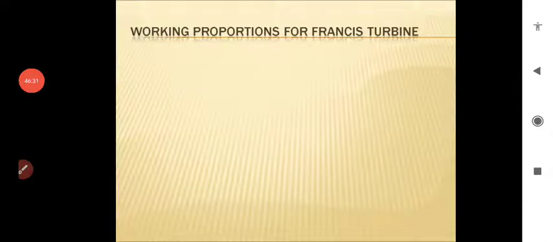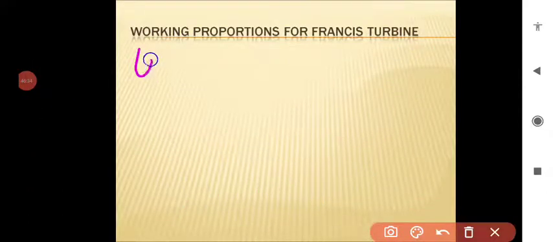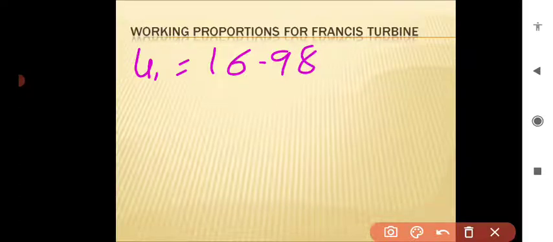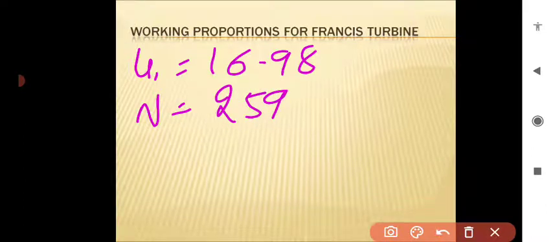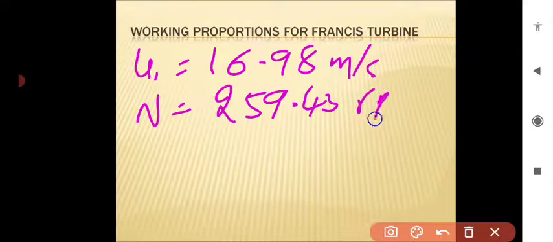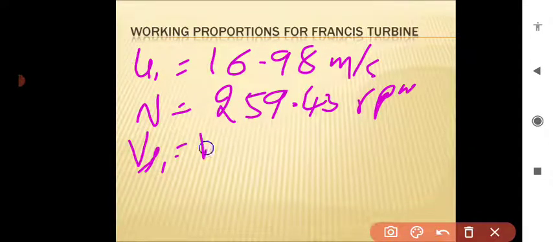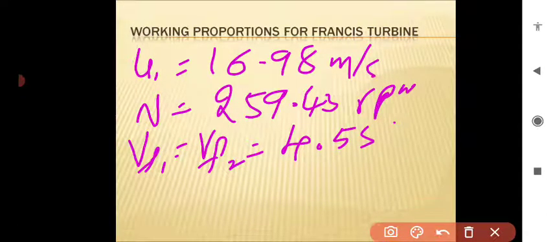We calculated here U1 is equal to 16.98 meter per second and N is equal to 259.43 RPM, and Vf1 is equal to Vf2 is equal to 4.55 meter per second.